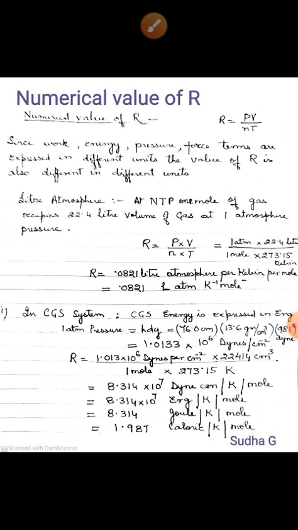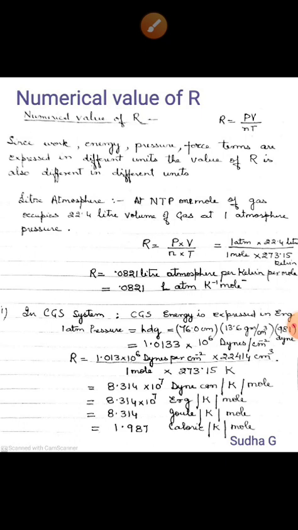Therefore, in liter atmosphere, substituting these values, we get 1 atmosphere into 22.4 liters upon 1 into 273 Kelvin, because we know that 0 degree centigrade is equal to 273 Kelvin. On solving this, 1 into 22.4 upon 273, we get the numerical answer.